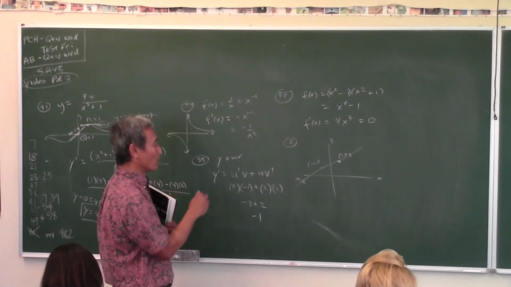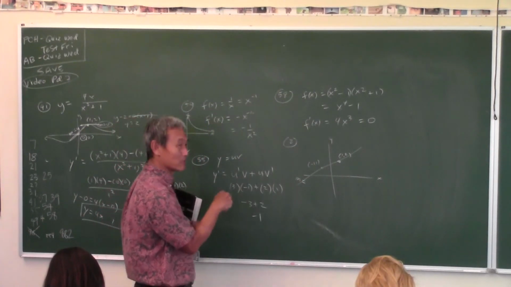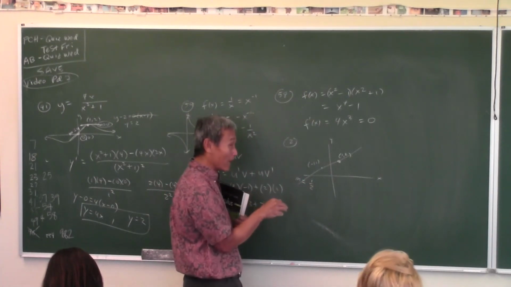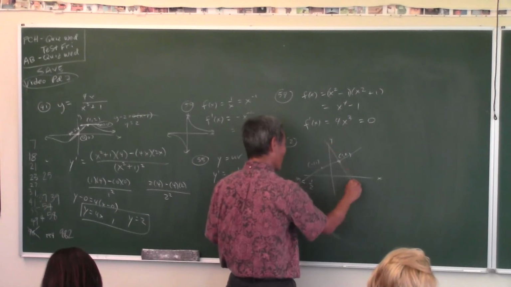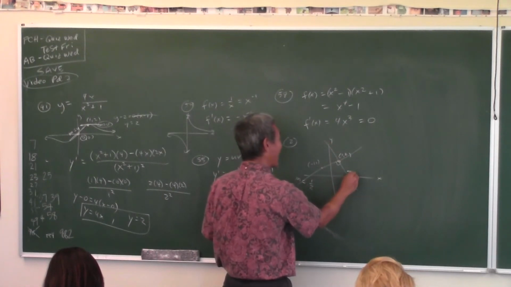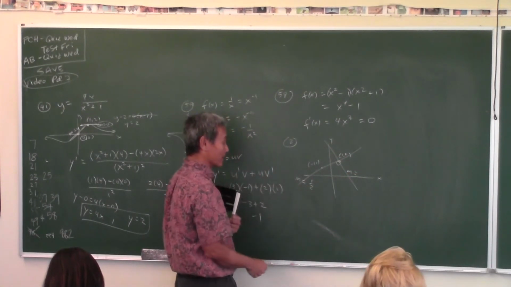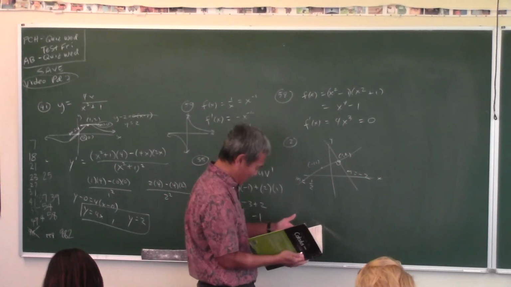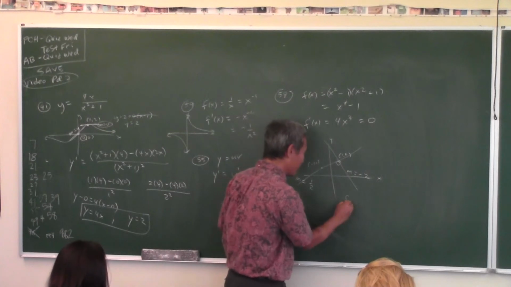What's the slope of this line right here? How do you compute slope? y minus y over x minus x. What's the slope? 1/2. That's the normal line. So therefore, what would be the slope of the tangent line, which is perpendicular to that? -2. So the question is asking, what is f prime of 1?